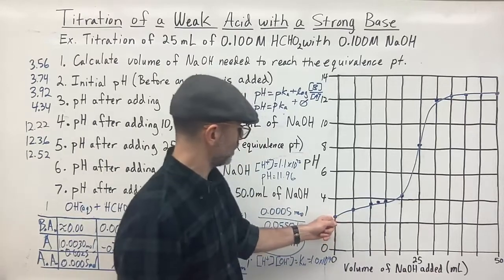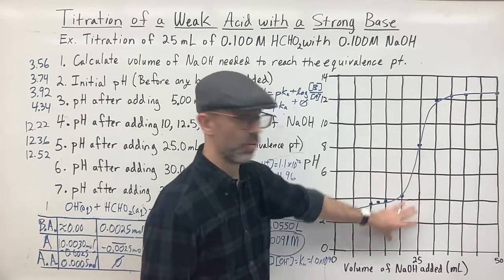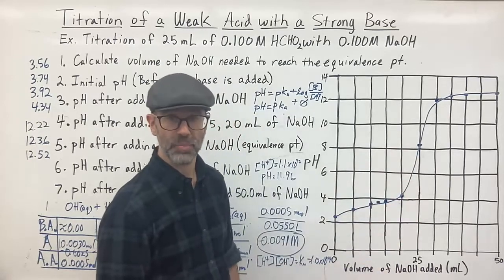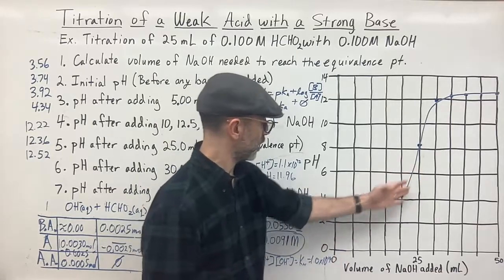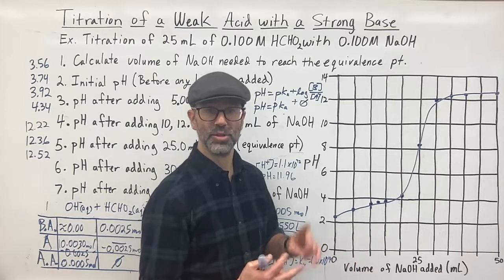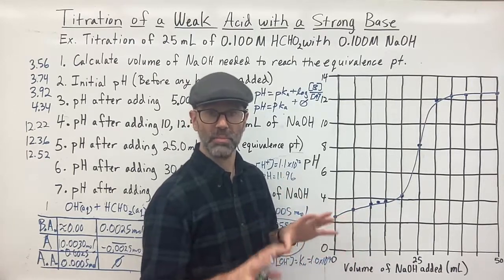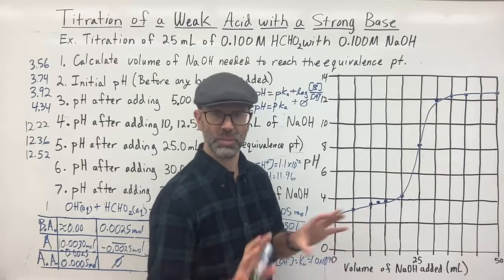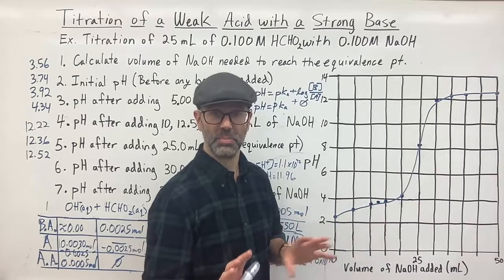In between the initial point and the equivalence point, so all of these points, you've got a buffer problem. So this is a buffer problem here in this area. And so again, the way you're going to treat that is a two-step problem. You're going to do the stoichiometry first, figure out how many moles you have of each of your species, your base, your acid, and the conjugate base.